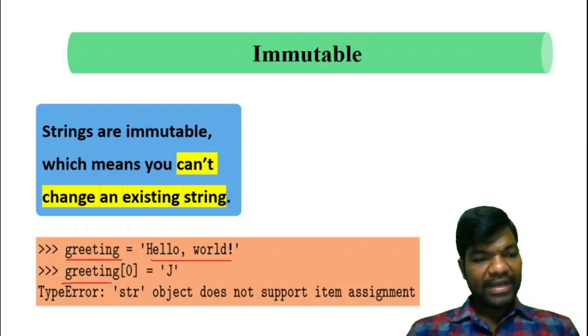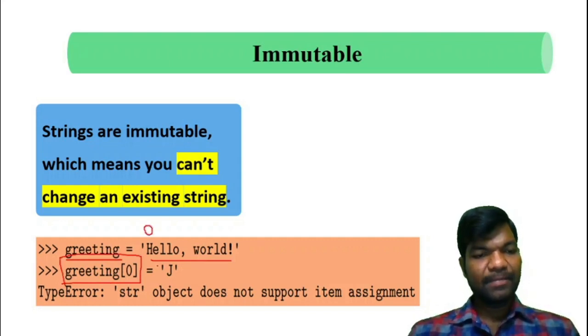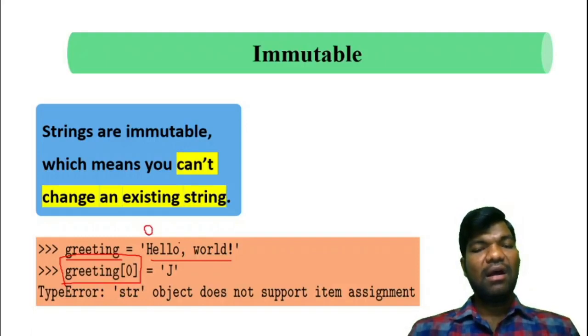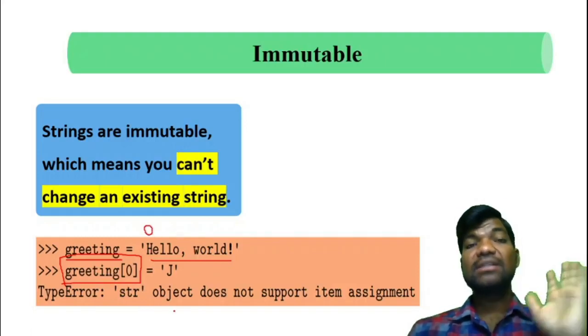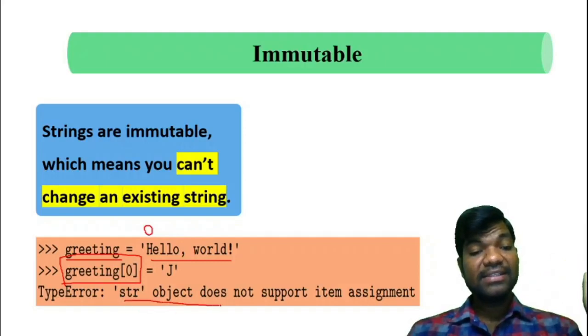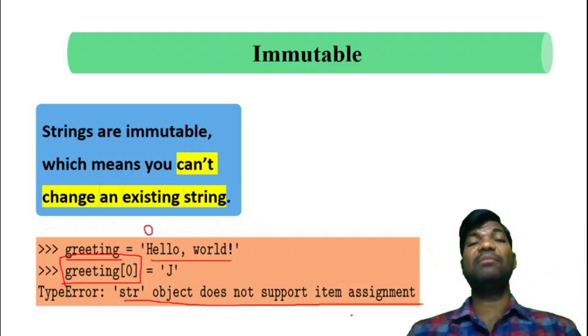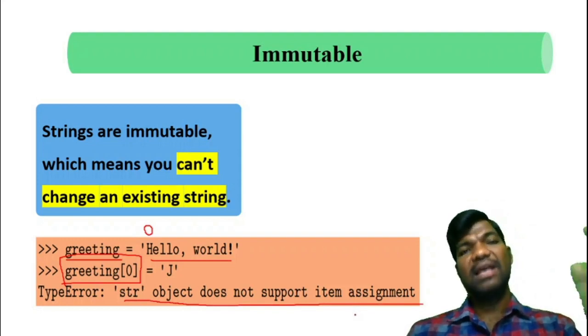Now take one index, greeting of 0. Greeting of 0 means h. This is the 0 index. Greeting of 0 equal to j: I want to change h into j. That is not possible. That's why the error is 'string object does not support item assignment', because strings are immutable.